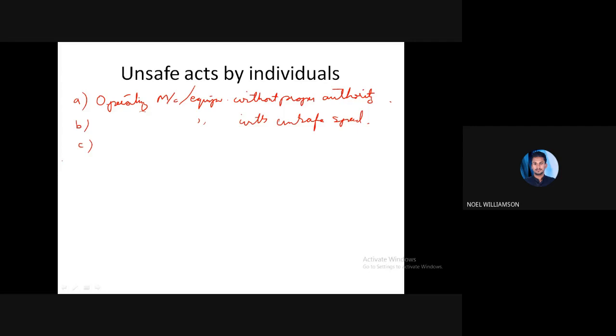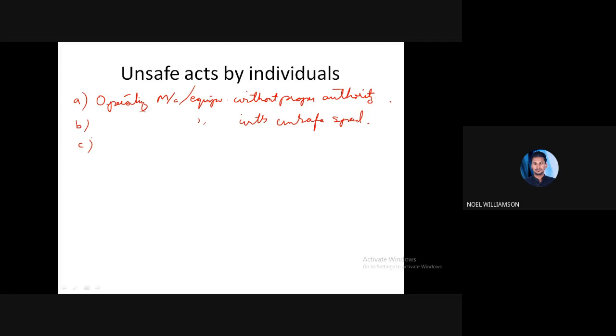Next is the deliberate removal or disconnection of safety devices. Each machine is provided with certain safety devices, like a fuse. But some workers will have a feeling that nothing will happen if they remove it.